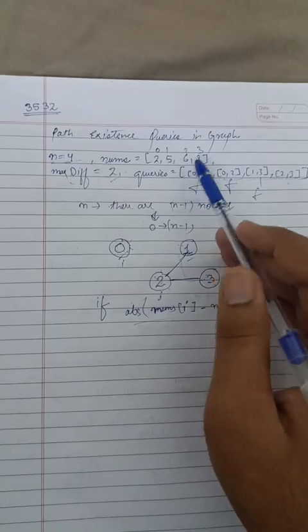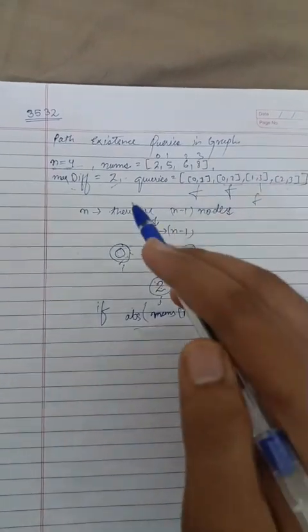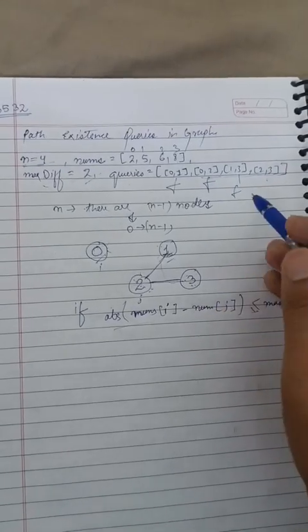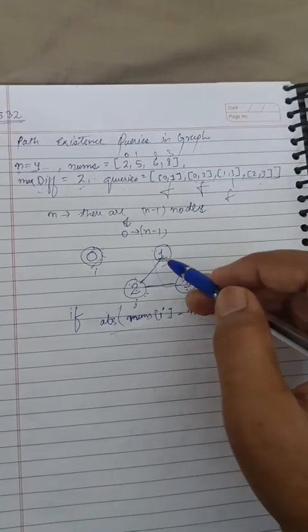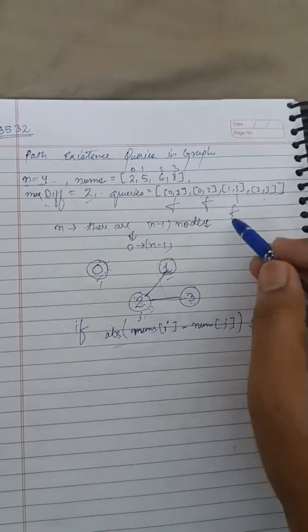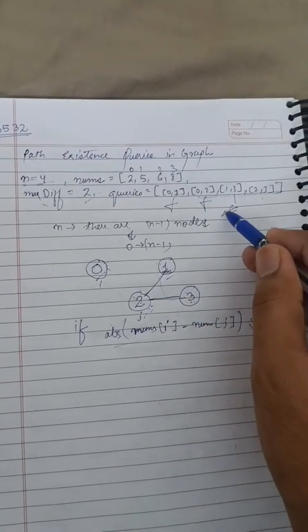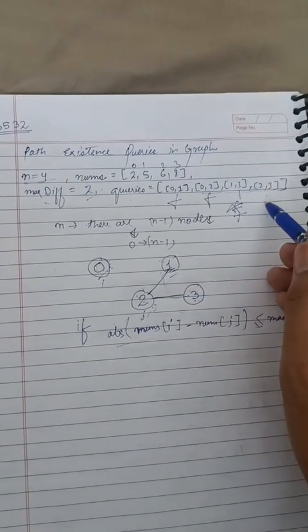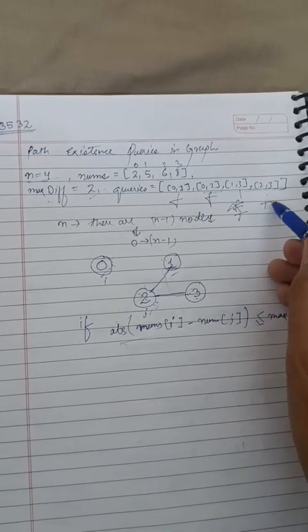And 2 to 3, 8 minus 6 is 2, maximum difference is 2, so there is an edge. So there is no direct edge, but since through 2 an edge is possible, it will not be false, it will be true. 2 to 3, yes, there is a direct edge, so true.